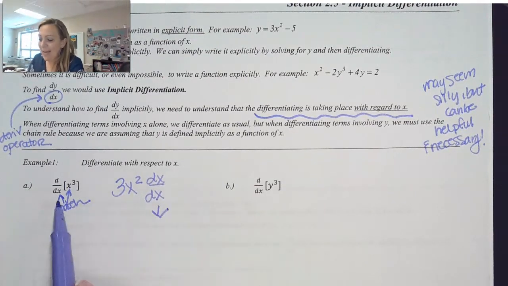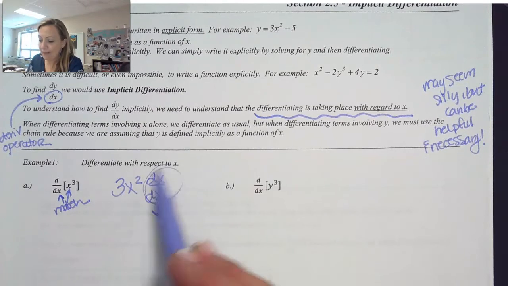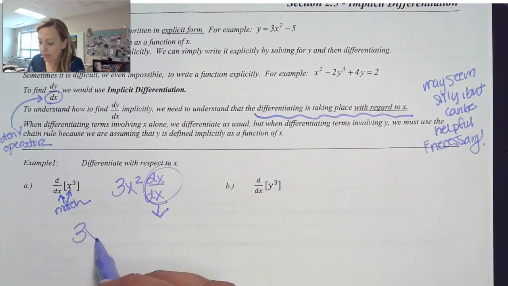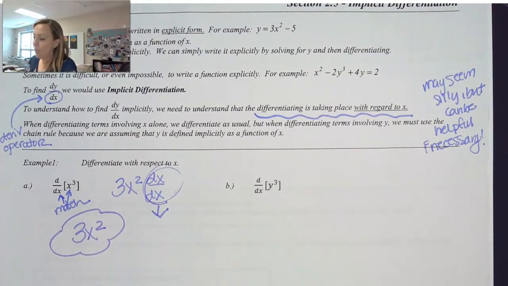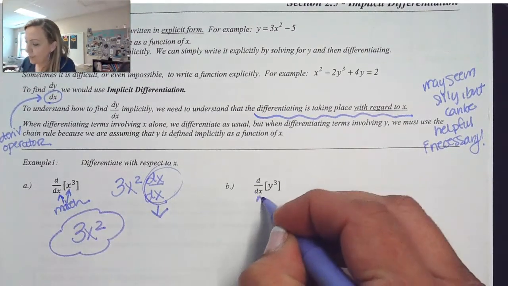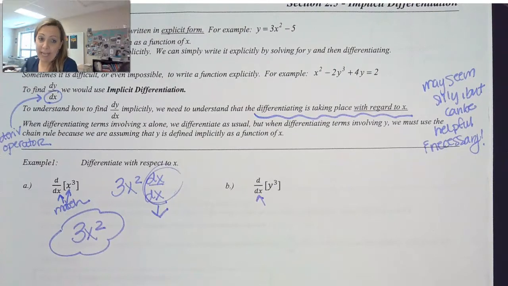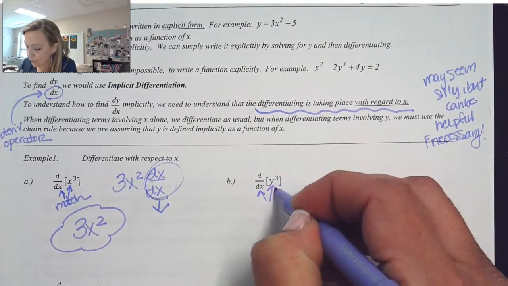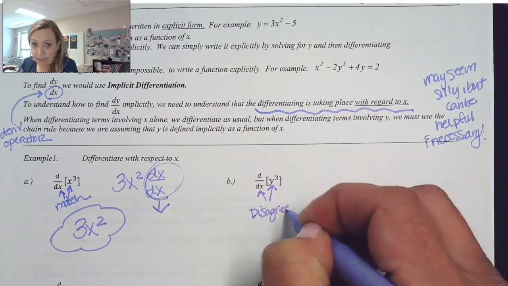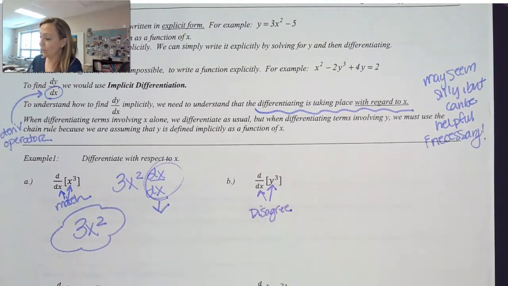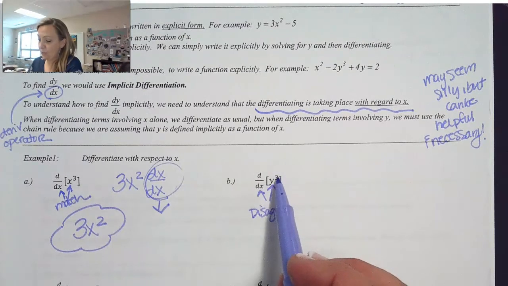So when they match, we don't have to worry about it because that just turns into 1 and we end up with 3x squared. But notice here, we're taking the derivative with respect to x of y cubed. Here, these variables disagree. So we can apply the chain rule.